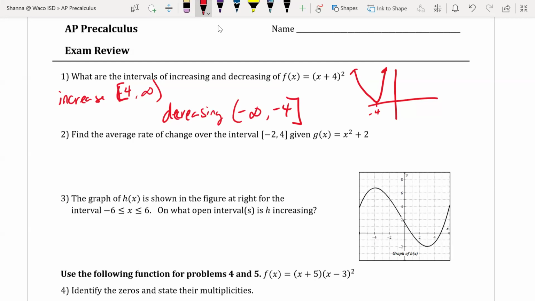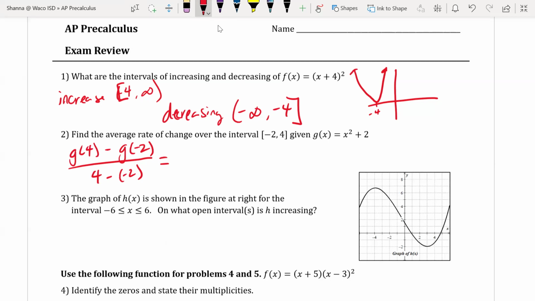So up next is average rate of change. How do we find it? Exactly. You're finding your change in output divided by your change in input. So we have G of 4 minus G of -2 over 4 minus -2. If I set it up like this, it helps me make sure that my numerator and my denominator are matched up.